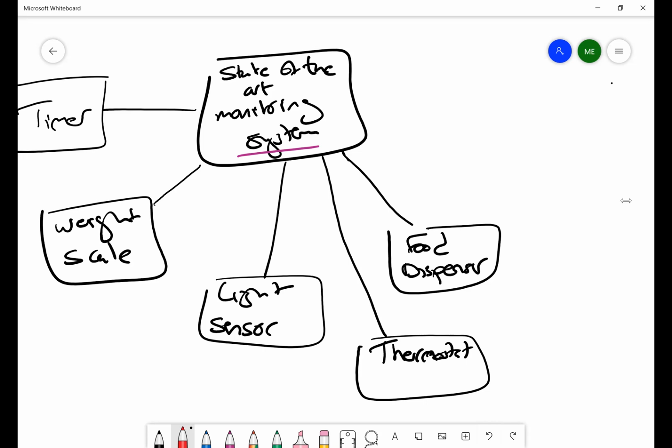Lights don't give us any input. They just take the output, go turn on or go turn off. The light sensor at the other side doesn't actually receive any input from us. Okay, it's the one that gives us the input, how much light there exists. So they're completely two different devices.